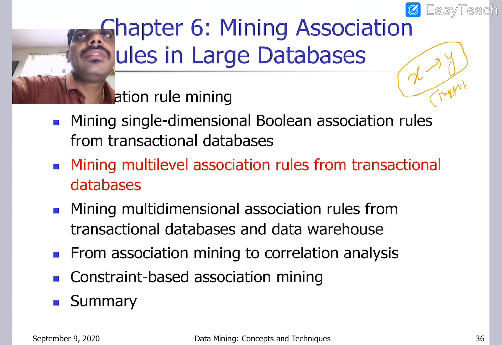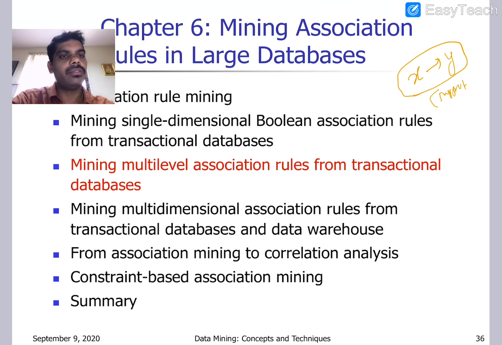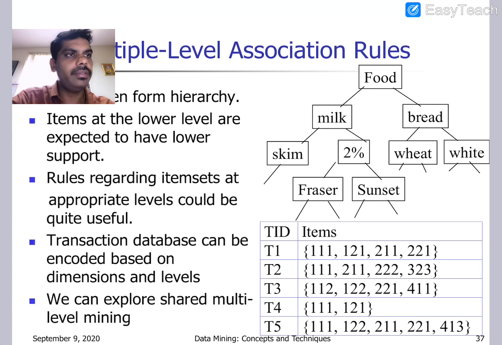Here we are going to have various kinds of association rules. First is mining multi-level association rules. So what is a multi-level association rule? If you consider multi-level, level represents a hierarchical representation of data, is it or not?